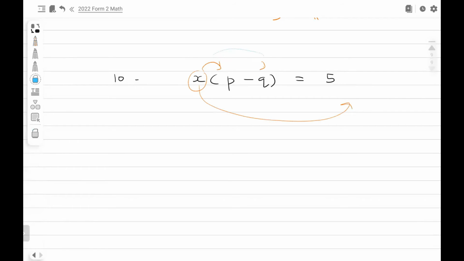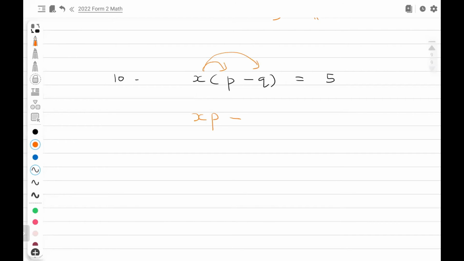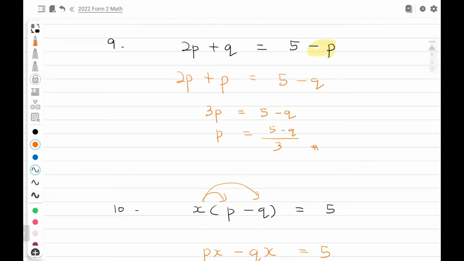Okay, maybe you feel confused. Let me show you. The first method is we expand. We expand to get px minus qx equals 5. Which method is better?